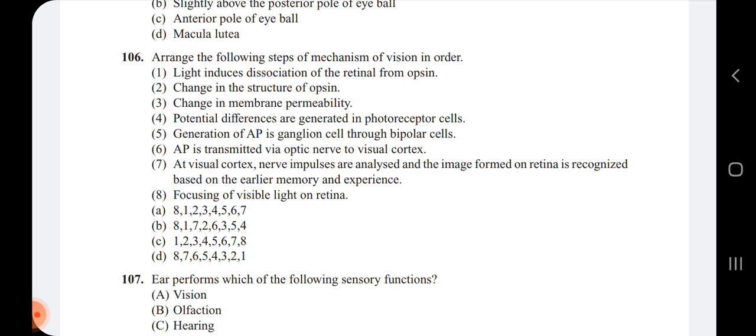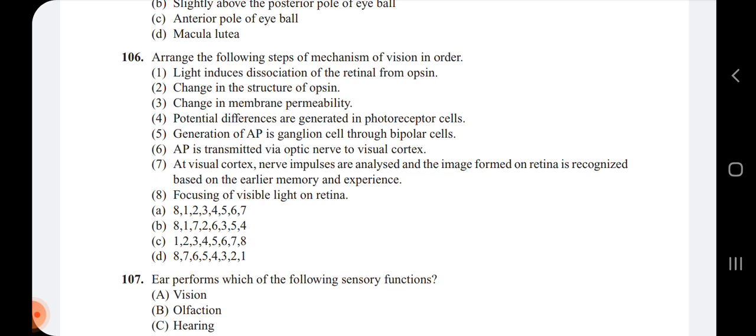In the mechanism of vision, the light rays in the visible wavelength are focused on the retina. They do not move directly to the retina; they move through the cornea and the lens, which generates potential or impulses in the rods and the cones.